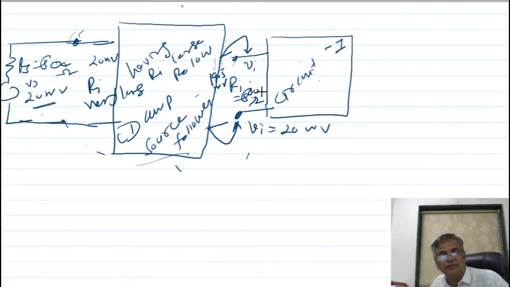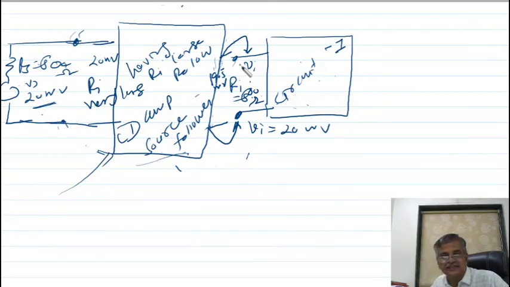So remember, whenever there is a mismatch of the impedance between two stages, you can use such an impedance matching device, which is called a source follower circuit. So the source follower can be used to match the impedance between this signal and this circuit 1. So there is no loss of the signal.